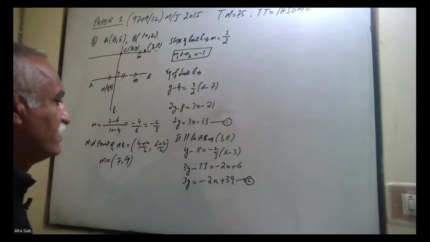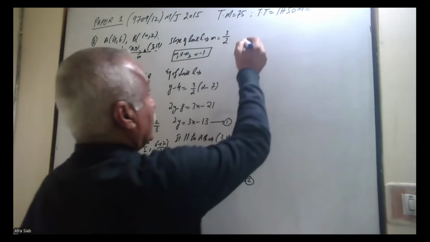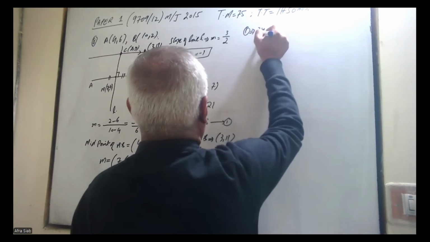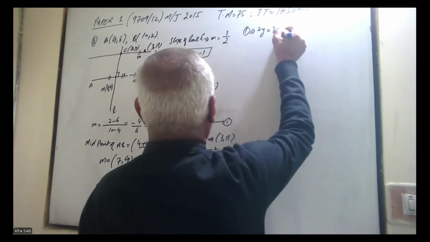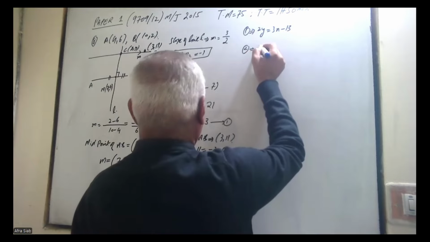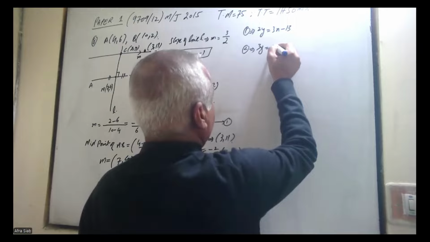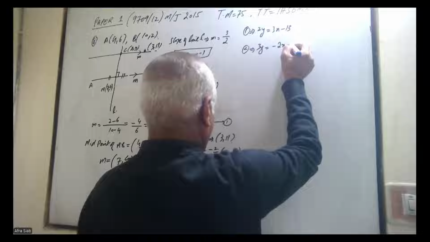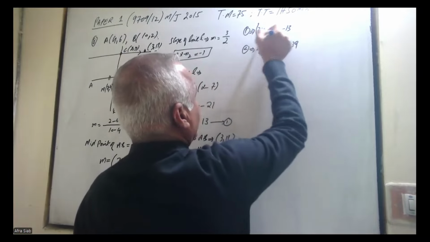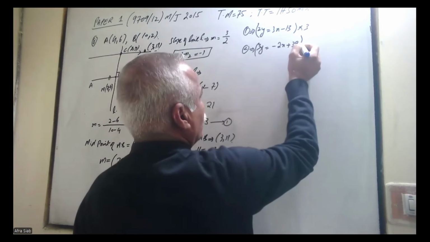Now we will solve 1 and 2 simultaneously to get the value of C. Equation 1 is 2y equals 3x minus 13, and equation 2 is 3y equals minus 2x plus 39. We multiply the first by 3 and the second by 2 to eliminate y.